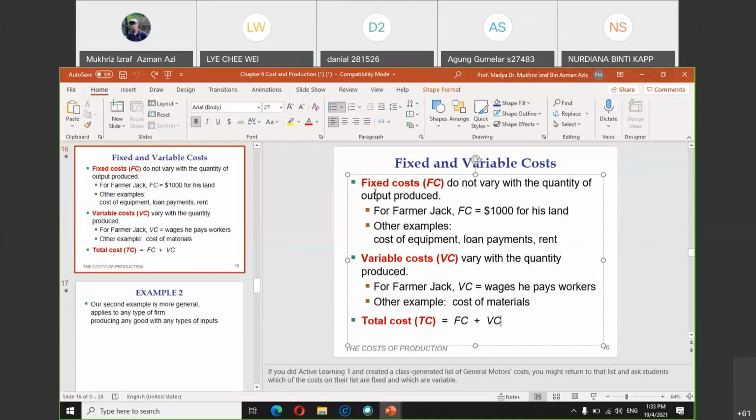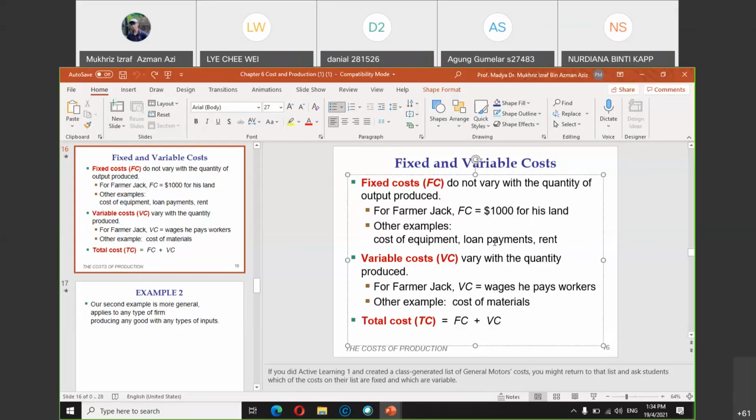Fixed cost does not vary with the quantity of output. That's why it is termed fixed. If you produce 0, if you produce 100, if you produce 1,000, the cost remains the same. For example, the rental for the building, or the loan repayment, the monthly loan that you pay to the bank.